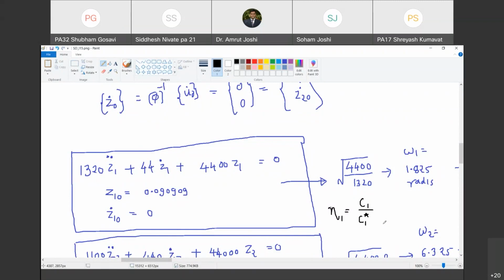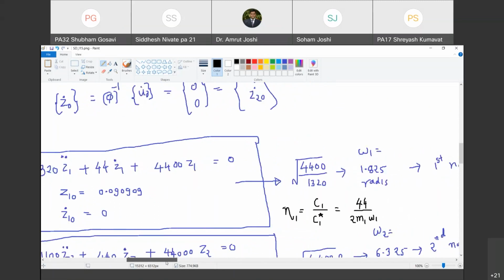Yes, sir. So in this case, can you tell me what is the value of C1? The value of C1 is 44. And what is the value of C star? The value of C star here must be equal to 2 m1 omega 1. Do you agree with me? Yes, sir. So what is m1? 1320.